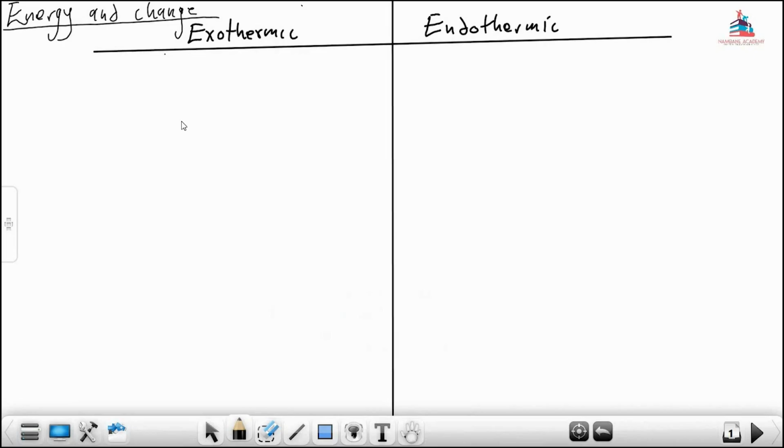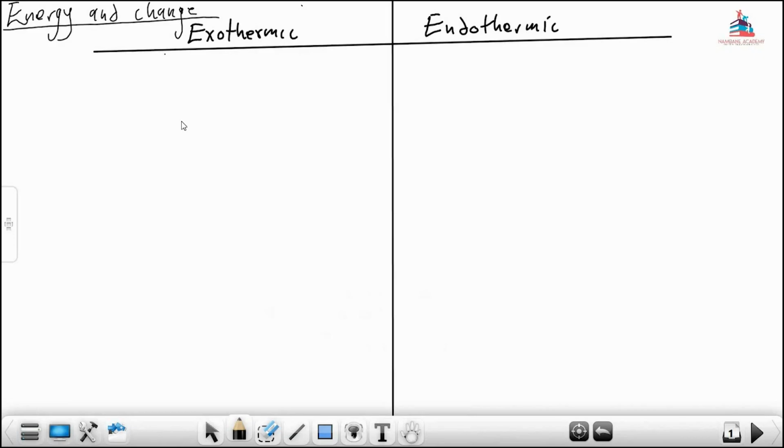Because the whole topic overlaps to grade 12, these are the key things that we need to know. We cannot answer questions before we fully understand whether it's exothermic or endothermic.